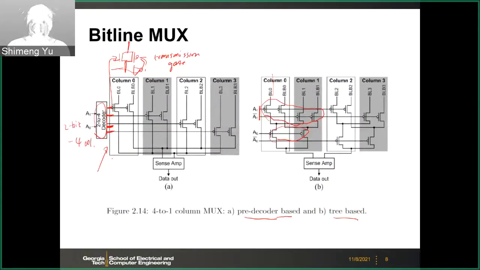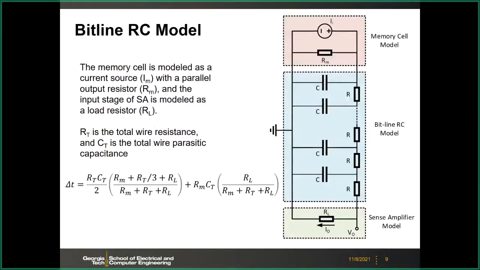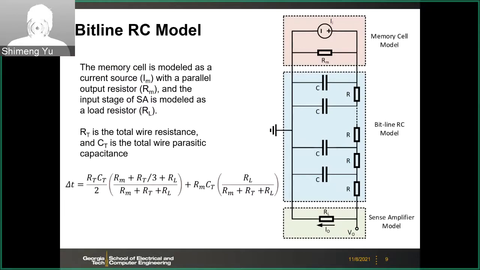Okay, so I assume that you have some pre-knowledge from the VLSI courses. So here you will understand better about those circuits. Those are standard CMOS circuits. And then we will introduce the bitline RC model. If we model the memory cell, no matter which memory, you can always model it as this dashed box here.